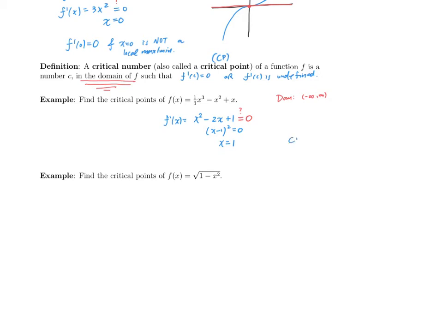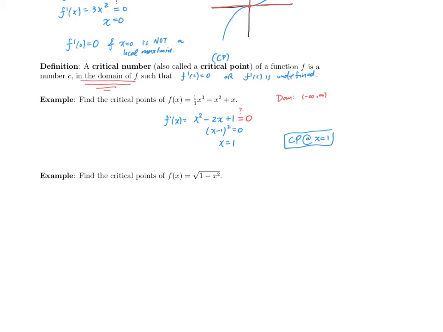So in terms of the critical points of this function, the only critical point occurs at x equals 1. That is the value that makes the first derivative equal to 0. And likewise, the first derivative is defined everywhere, so we do not have to worry about this more subtle type of critical point.